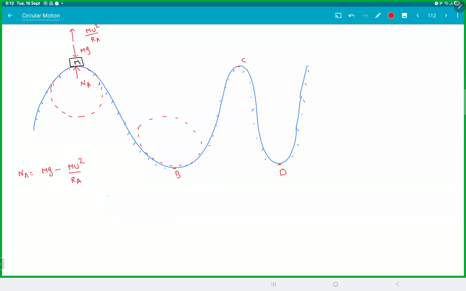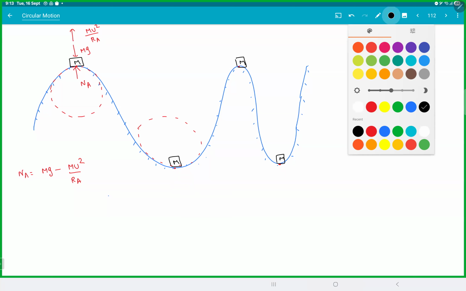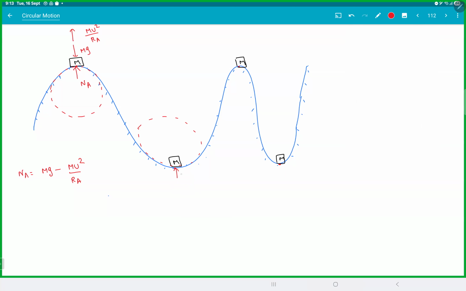When it is here, this will be NB, this will be mg. Centrifugal force away from the center, mu square by RB.